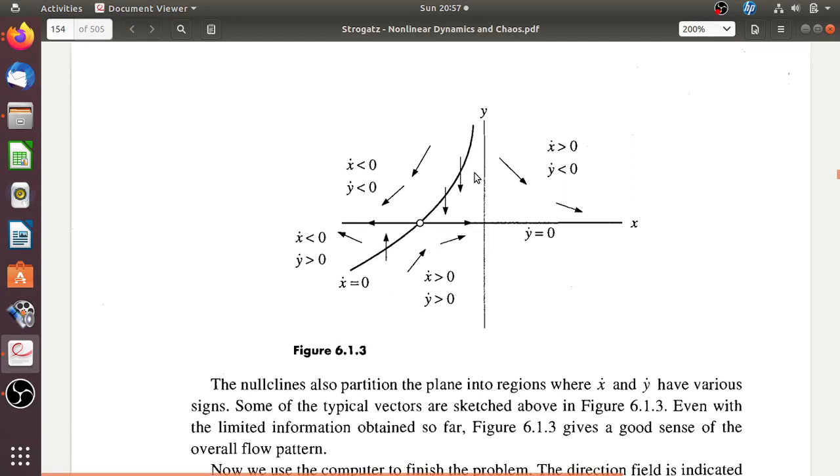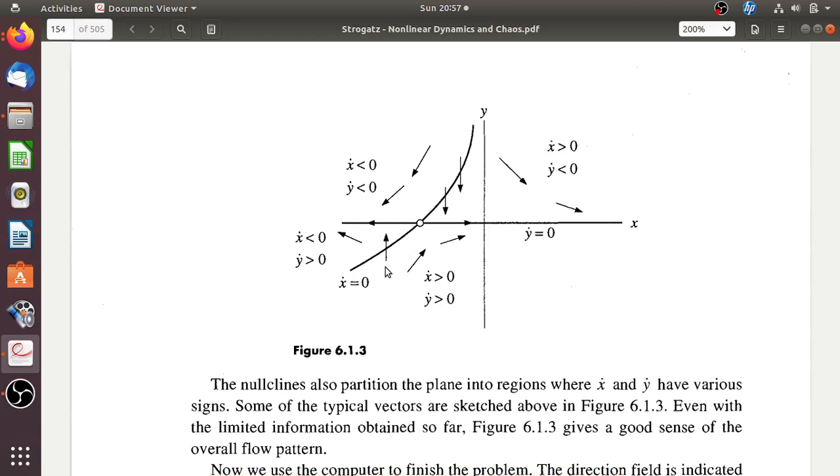If you see the nullcline where x dot is equal to 0, a trajectory which passes this nullcline, while passing, will have only a vertical component and not any horizontal component because x dot is 0. If I draw a vector, it will have only a vertical component, but we do not know whether it's vertically upward or downward. That we need to identify.